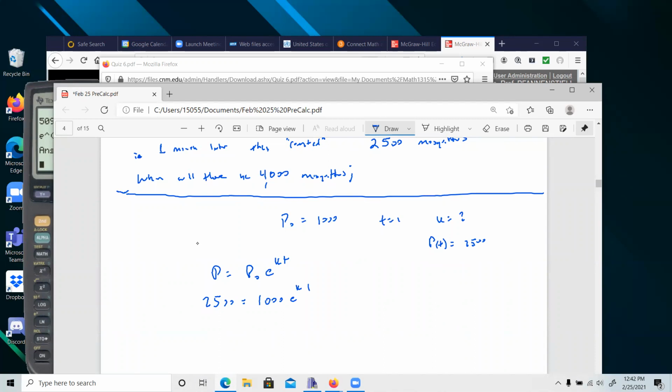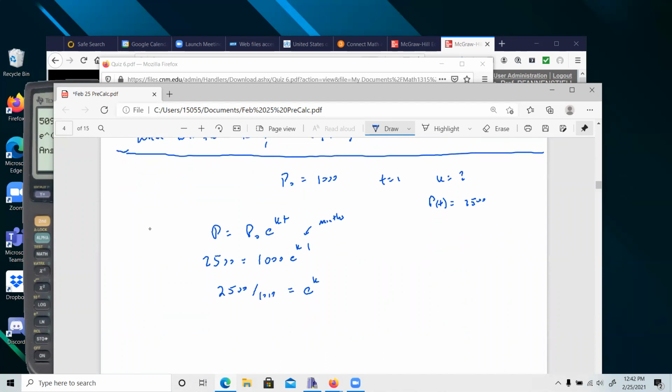Our k is going to be in months, our growth rate is going to be in months here. So we're just going to say 2,500 over 1,000 is equal to e to the k. That's nice, that's going to be 2.5, 25 over 10 is 2.5, equal to e to the k.